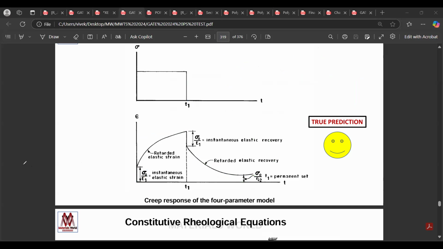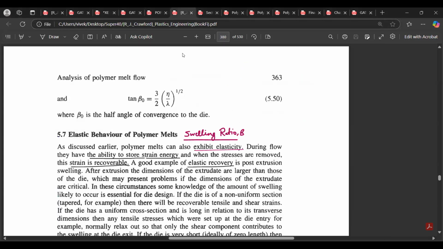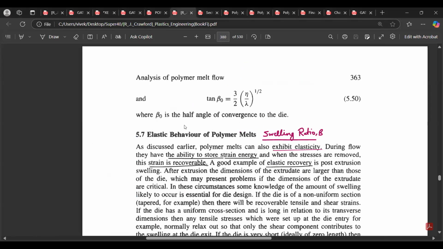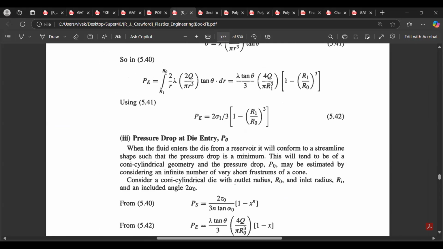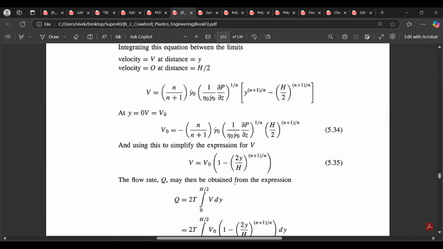If you see the R. J. Crawford book, it is the best book. Only chapter 4, the chapter which deals with the analysis of flow of polymer, is important.